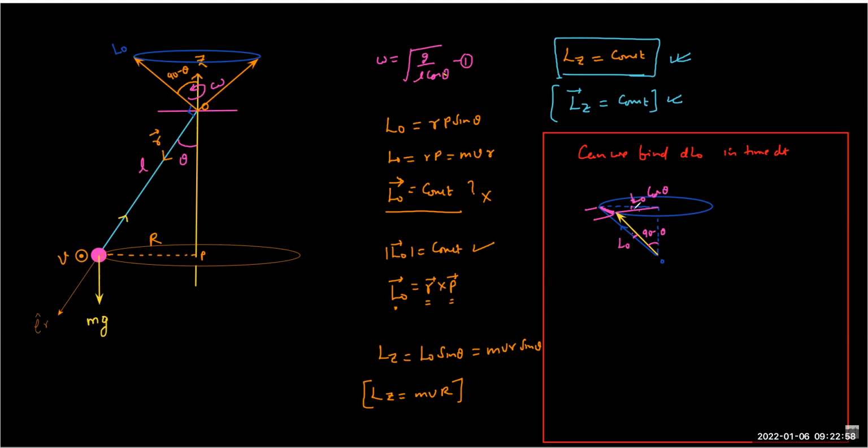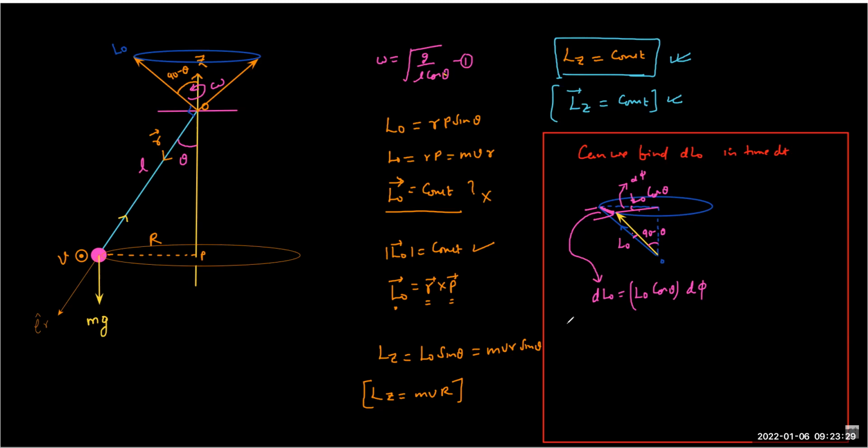Let's call this angle d phi. Then the dl naught will be the radius into d phi. So dl naught, the change in angular momentum vector, we can write as L naught cos theta d phi.